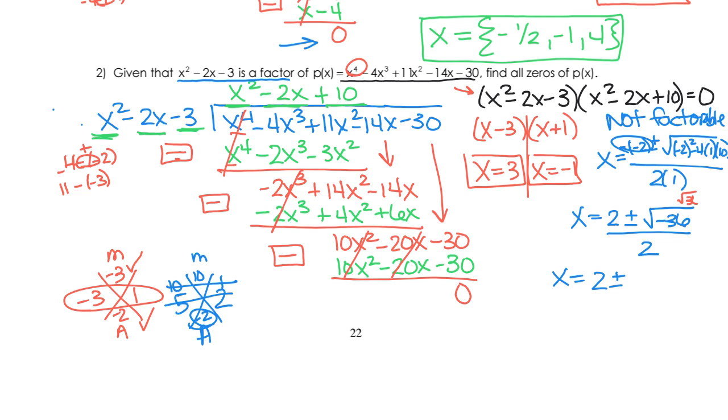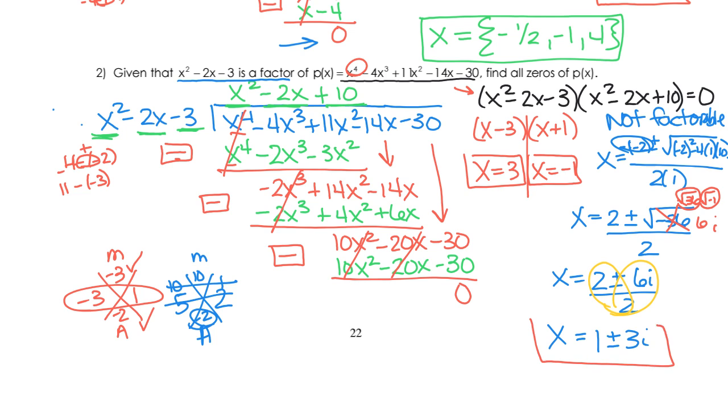So we're going to need the square root of 36 because it's perfect and the square root of negative 1. This is going to turn into 6i. And so now we'll replace that with 6i all over 2. We'll do a little heart pretzel here to reduce. And we end up with x equals 2 divided by 2, which is 1, plus or minus 6i divided by 2, which is 3i. And there is our other two roots for a grand total of 4.